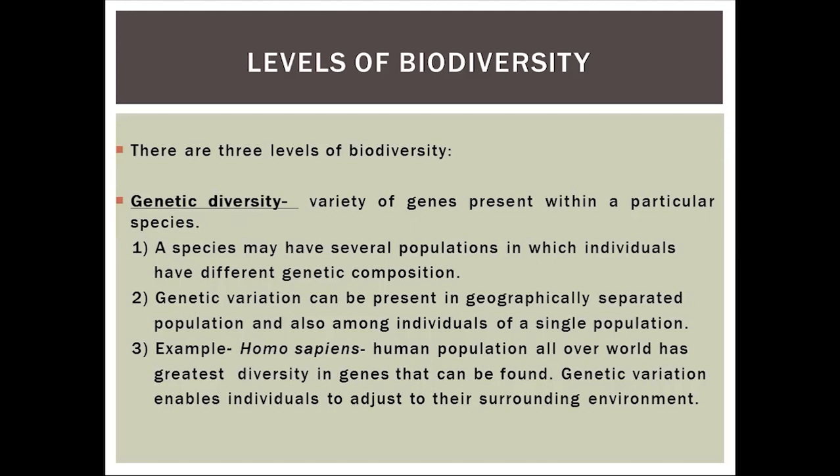A particular species, for example, let us consider Homo sapiens, will have several populations. Okay, a human population in Asia, a human population in Europe. So these populations have characters which are completely different, and those characters are because of genes present in their cell or nucleus. Now, a gene is a segment of DNA, and that is responsible for some phenotypic characters, or the characters which are visible externally.